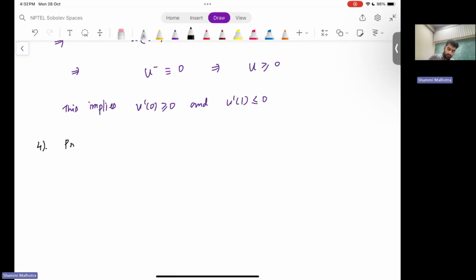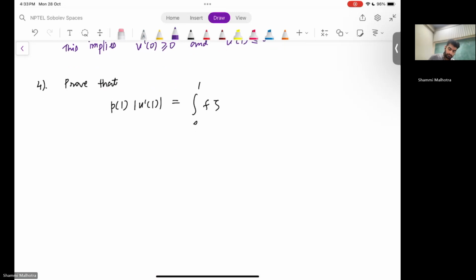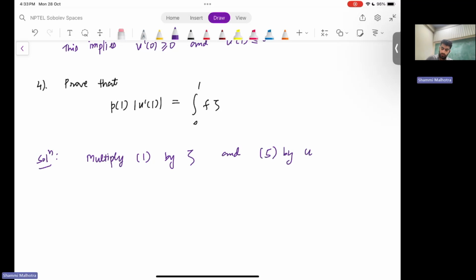The next part is to prove that p at 1 times u dash 1 is integration 0 to 1 f zeta. So, solution. To get this, we multiply 1 by zeta and 5 by u.